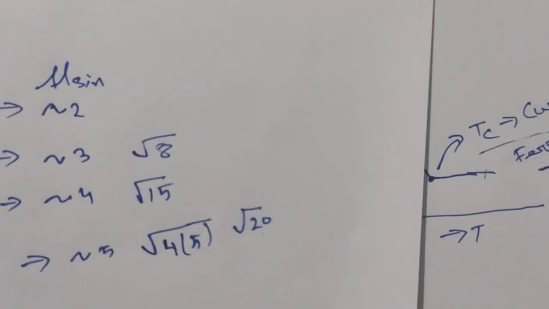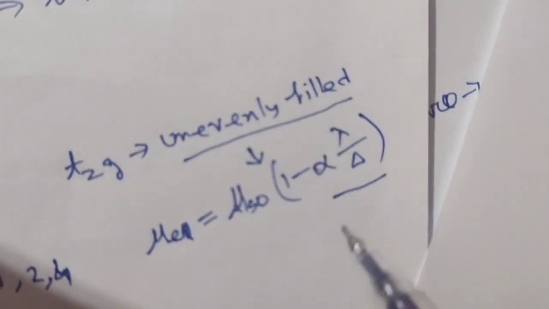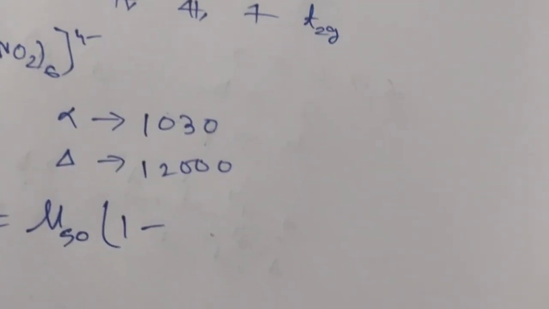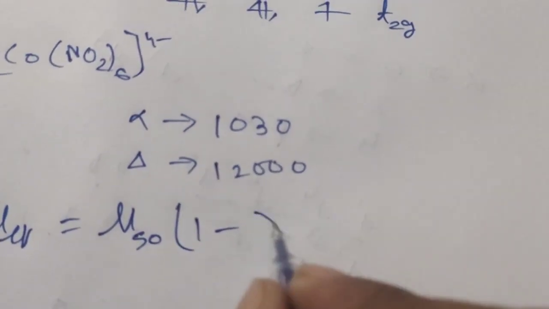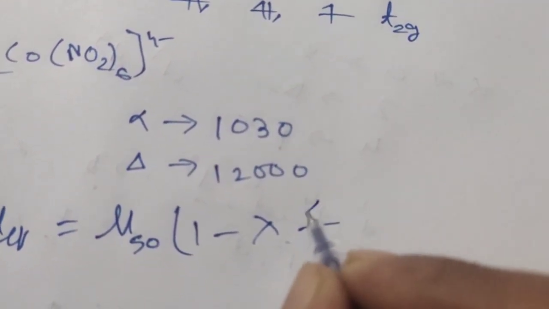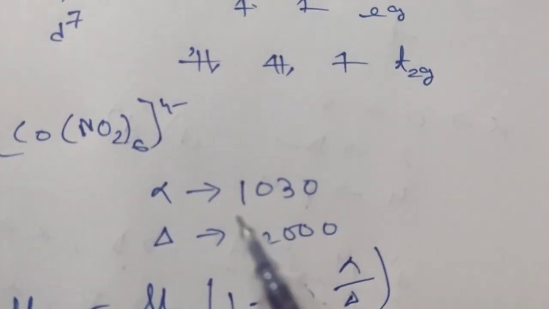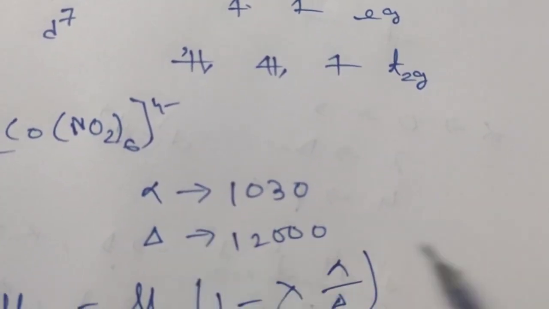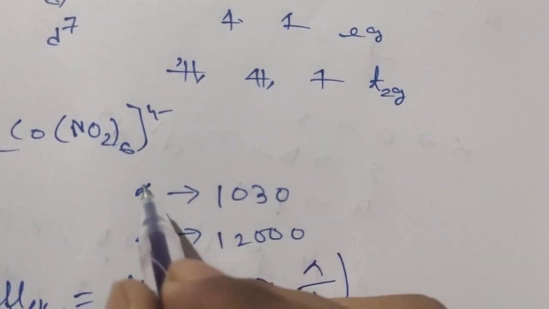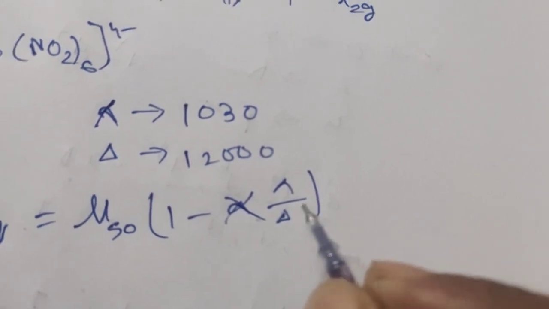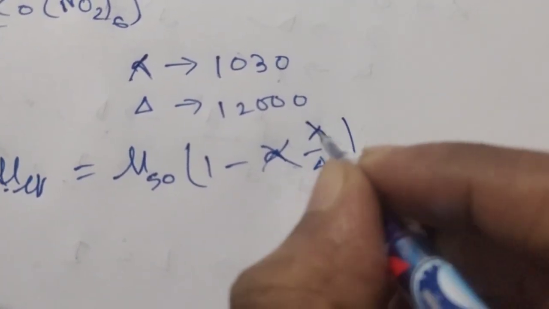After that we need to calculate this value, 1 minus alpha lambda by delta. Here, this one is the lambda value and this one is alpha.